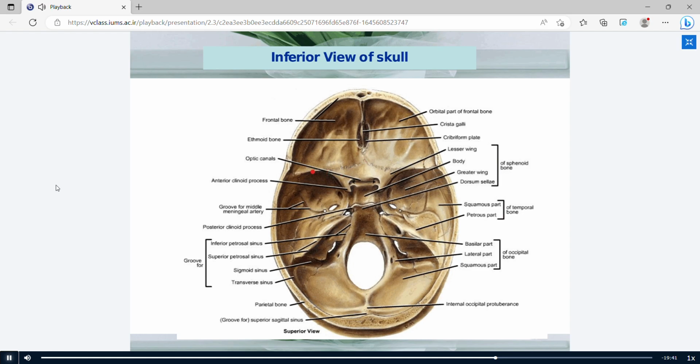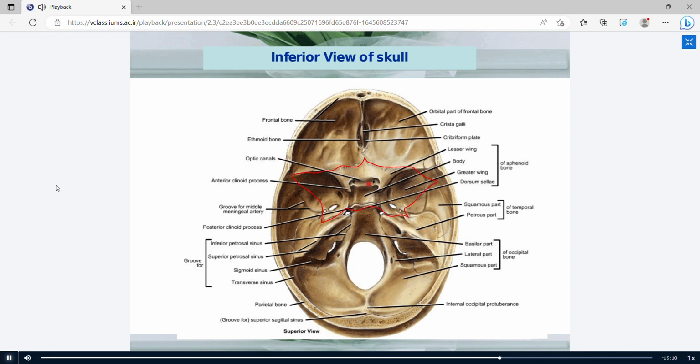The sphenoid bone is like a butterfly. This is the sphenoid bone, here. It's a butterfly-like bone, and it's a single bone that forms part of the base of the skull and part of the orbital cavity.